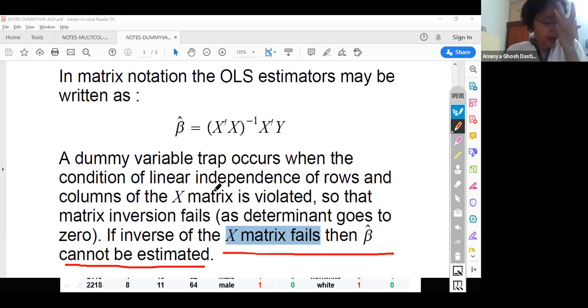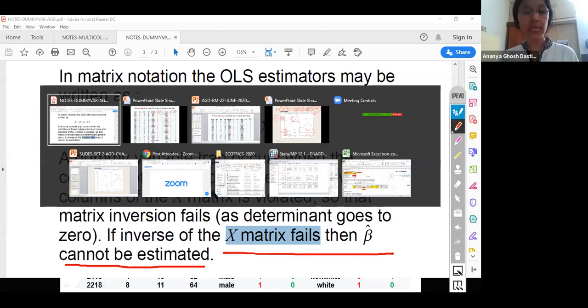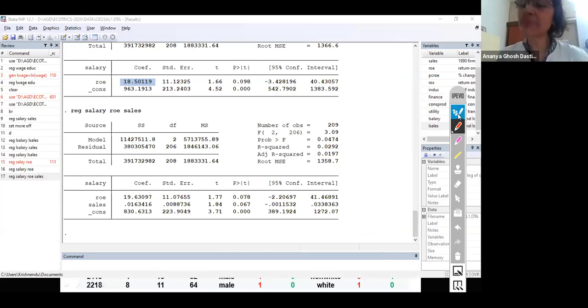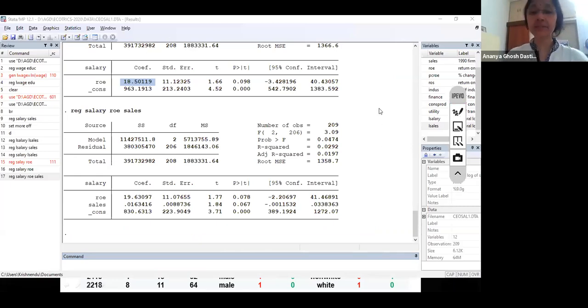So let me now take you to Stata and let me show you some dummy variables. Okay. So then I told you I would show you Stata and I will do that. All right. So what I will do is, you see, I think if I close Stata, I may not be able to open it again with the zoom on.